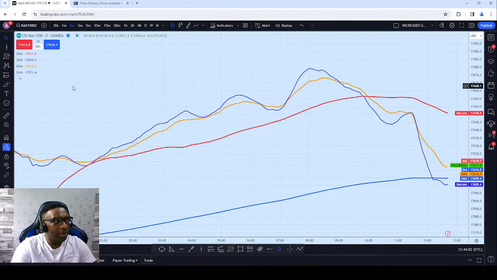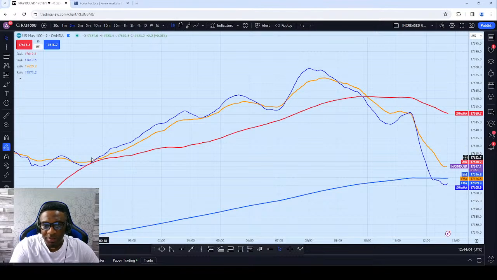Okay, so now I'm going to put back. What I was explaining is I wanted you to have a look at the flow of how price moves from the narrow state to the wide state, and then back to narrow again, and then to wide state. At each point in time you want to take a trade, this should be the first thing you look out for. Where is price? Where is price going to?